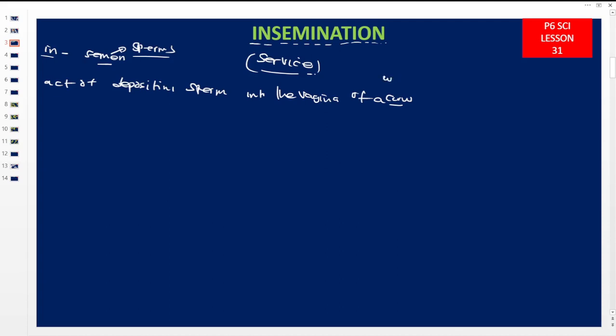When you are putting those sperms inside there, that's what we call insemination. So insemination is the act of depositing semen containing sperms into the vagina of a cow.